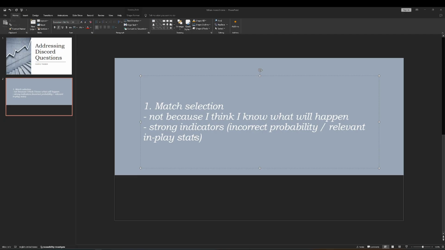Then you ask yourself a question, and it's a draw, by the way, I didn't say what the result is, it's a draw. Is it that this team's chance of winning is higher than 50% or less than 50%? In those circumstances, if the in-play stats supported that, I would say it's higher than 50%. Then here you go, you have an opportunity in play because you have a strong indicator.